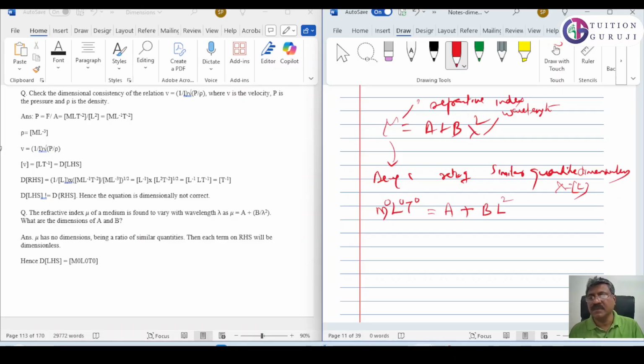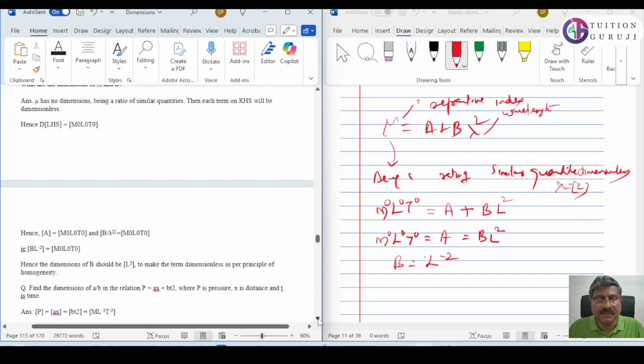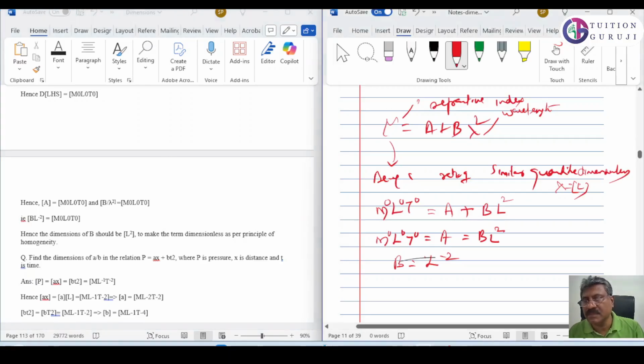So what does that mean? This means M raised to 0, L raised to 0, T raised to 0 is equal to A plus B L square.